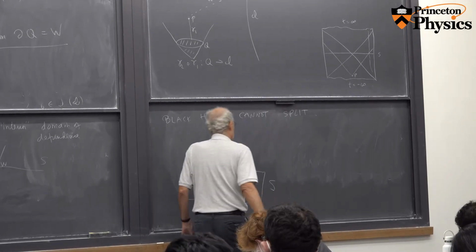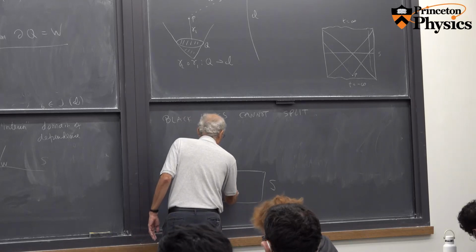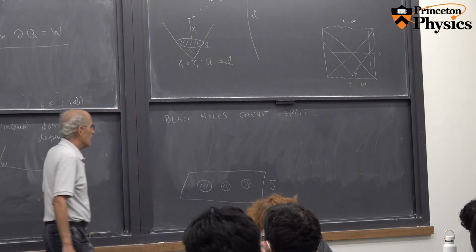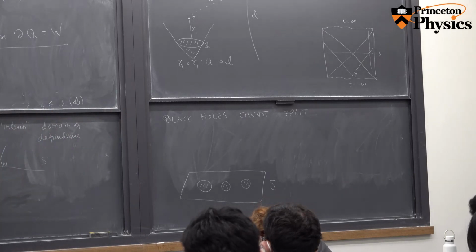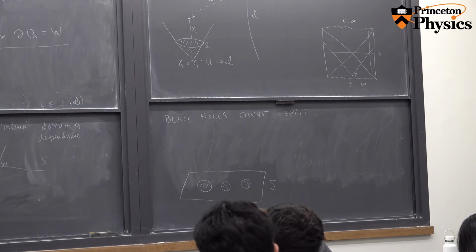Well, first of all, okay. So, I'm drawing the black hole region on an initial value hypersurface. It's a closed set, but it might not be connected. Each connected component of the black hole set is a black hole.